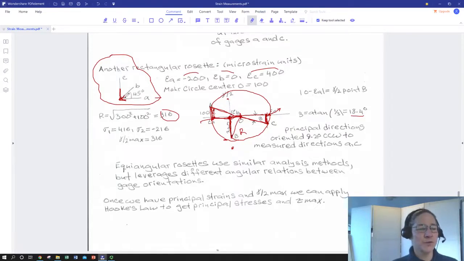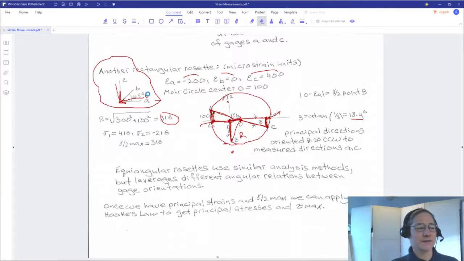So the principal, let's see, A would be somewhere like that. And C, or sorry, this would be, oh, I'm using stress symbols. I'm trying to plot my normal directions over here on the part, and now I can't erase.